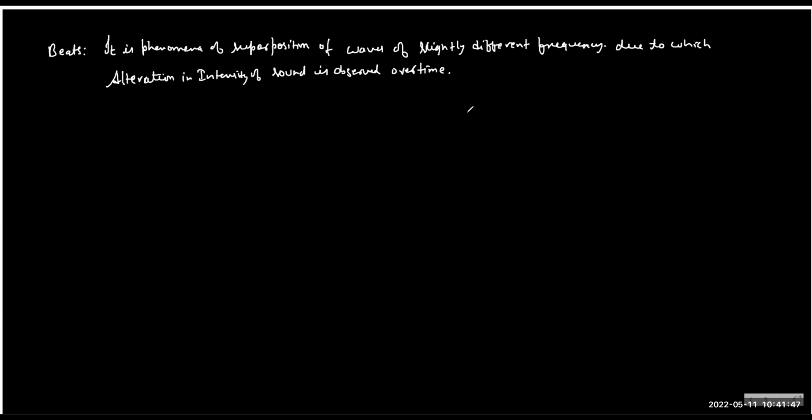Yes, sir, variation is there. If we play 506 and 500, there is variation. So do you feel the variation? Now you can also see that if you make 500 and 520, do you feel the variation?